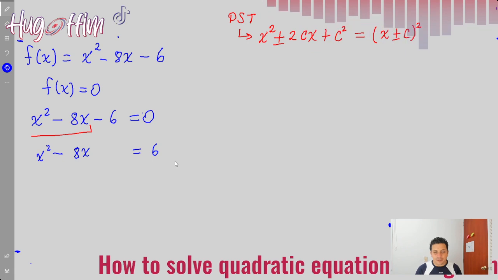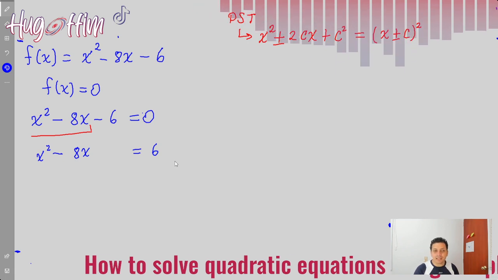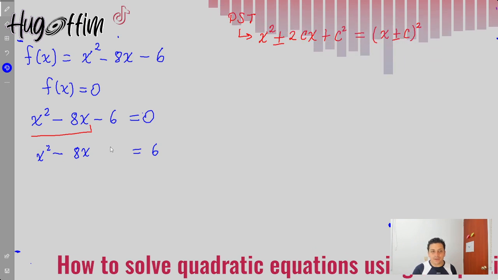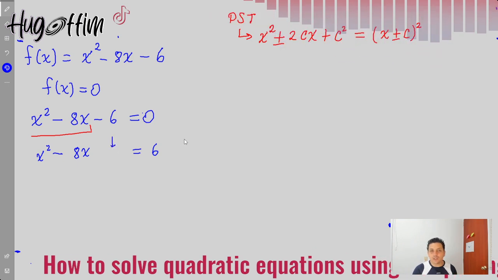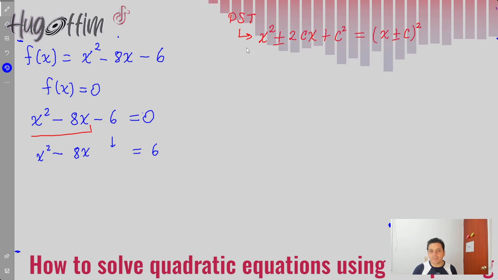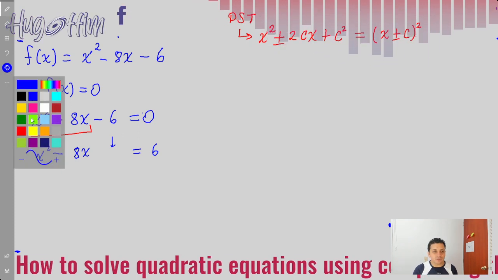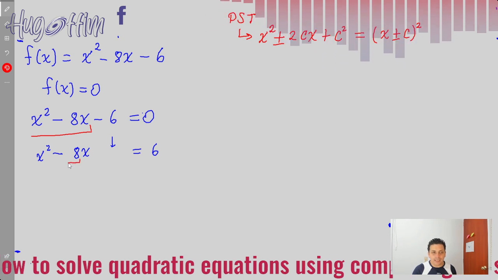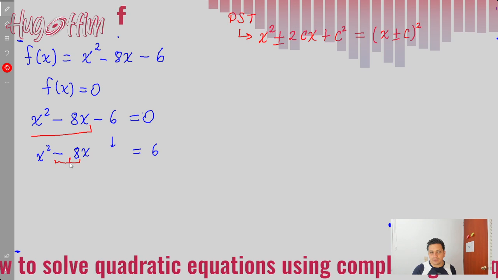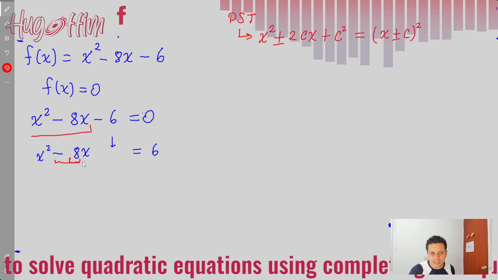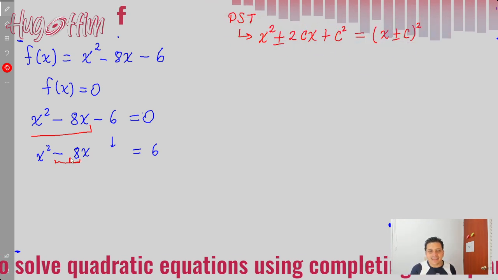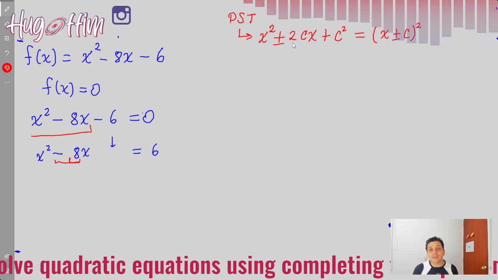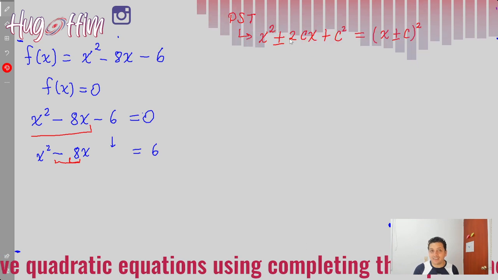Now, after you get x squared minus 8x equals 6, we need to identify what number I need to add in this place to get the perfect square trinomial. How to know this term? So I'm going to observe that this number here is 8, or actually negative 8, but we're going to focus only on the number without the sign, which is 8, and this number that multiplies x should be the same as 2c.